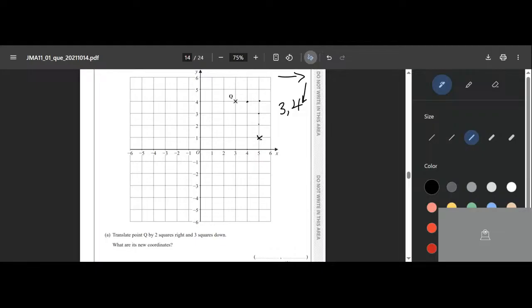The new coordinate is on point 5, 1. You can see the new coordinate is 5, 1. That's what you're supposed to write here. 5 and 1.